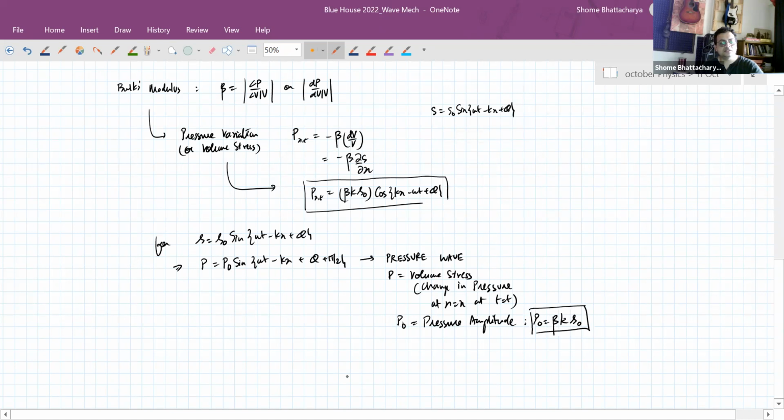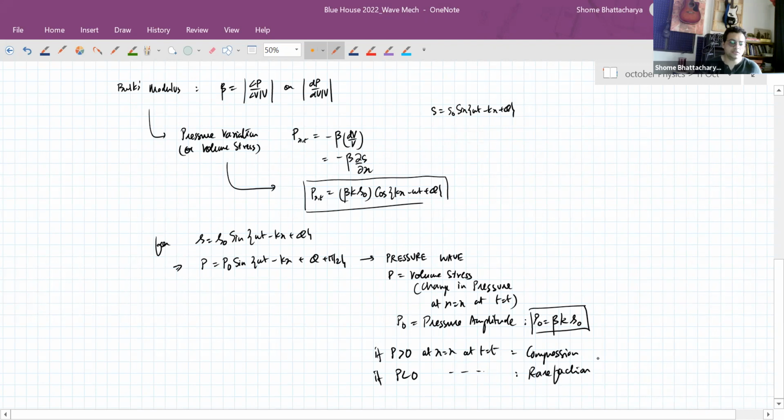If P is greater than 0 at x at time t, that means there is a compression at that position. And if P is less than 0 at a certain position, then there is a rarefaction.